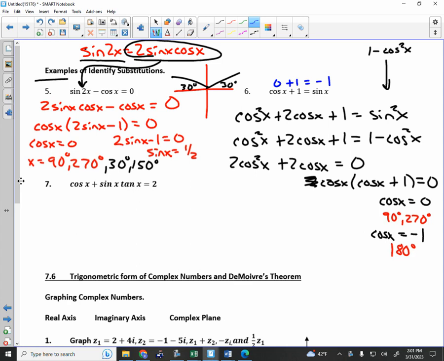Does that work? Got to get rid of the 270. No bueno, compadre. Plug in 180. Cosine of 180? -1 plus 1, and sine of 180 is 0. Is that true? Yep.